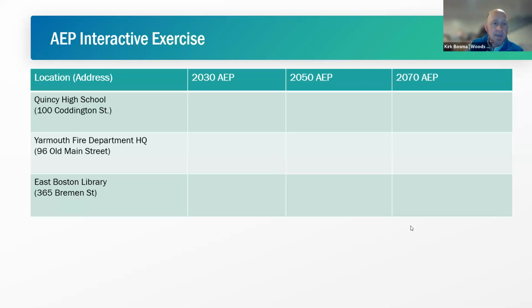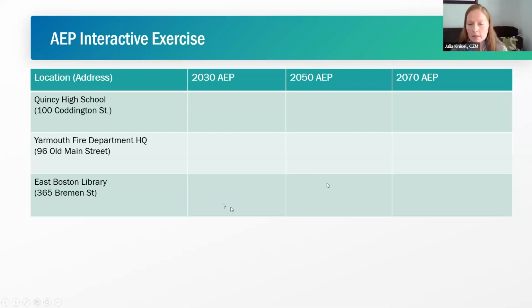We have a quick AEP interactive exercise to go through. We did this initially a little bit in workshop 1, but I think it's worth doing again. You're going to use the CZM viewer to answer these, and you essentially fill out this table the best you can with what your annual exceedance probability level is at these 3 locations for these 3 time periods. And Julia will post the link, or probably already has in the chat, for you to utilize.